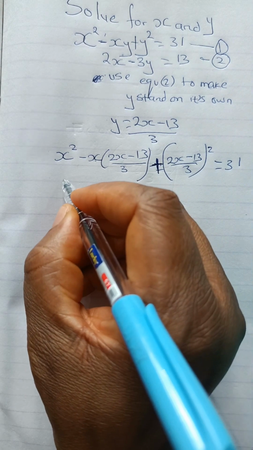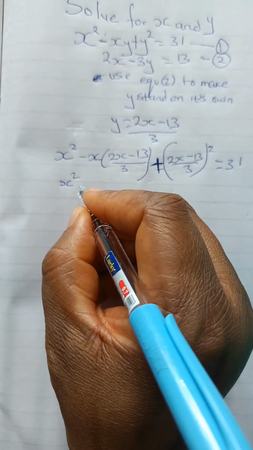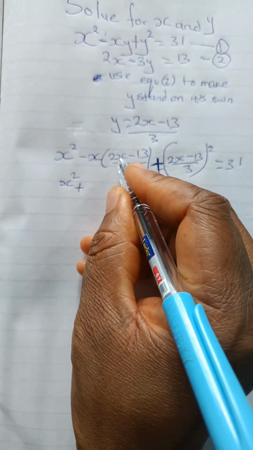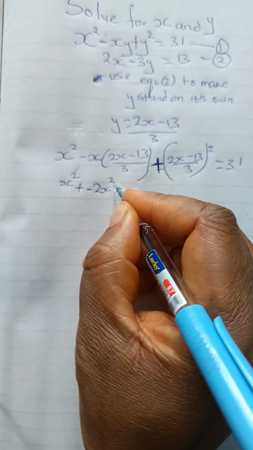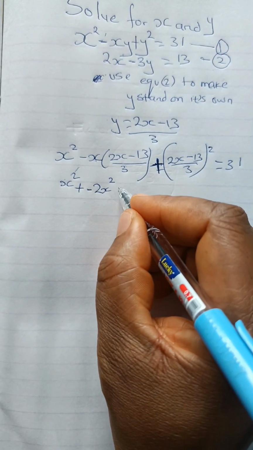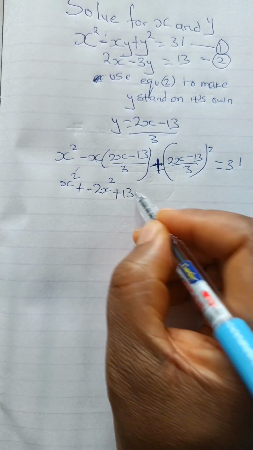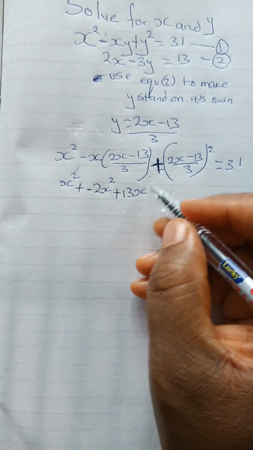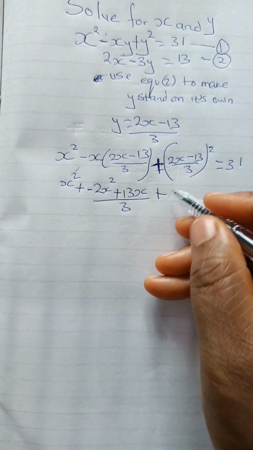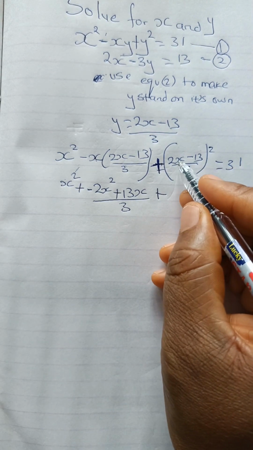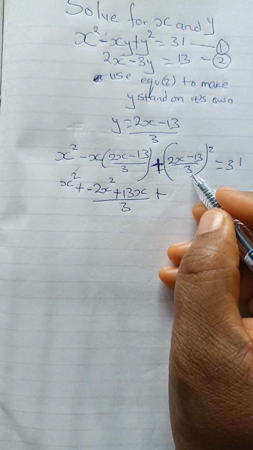So what do I mean? I mean this. x squared, we solve it this way: x squared minus this times this, which is 2x squared, then this times this plus 13x, so we've gotten this over 3, plus 2x minus 13 over 3 times 2x minus 13 over 3.